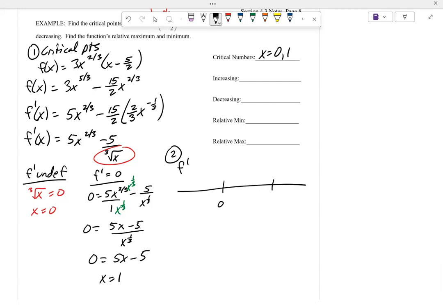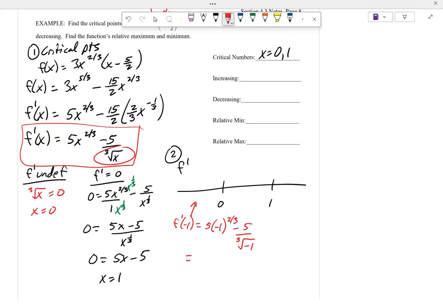I'm going to throw on 0 and 1. And I'm going to plug in points like f prime of -1. I'm going to plug it into this derivative here: 5 times -1 to the 2/3 minus 5 over the 3rd root of -1.